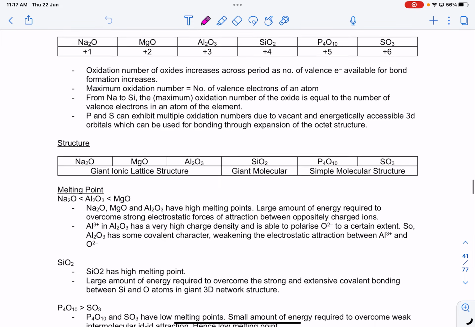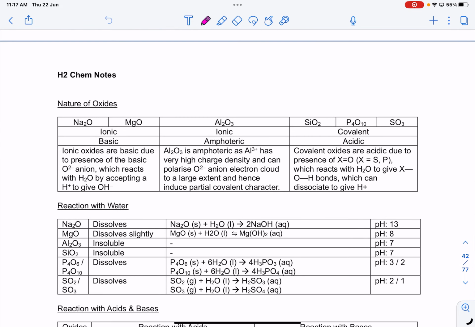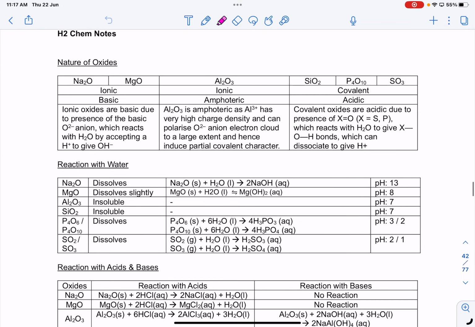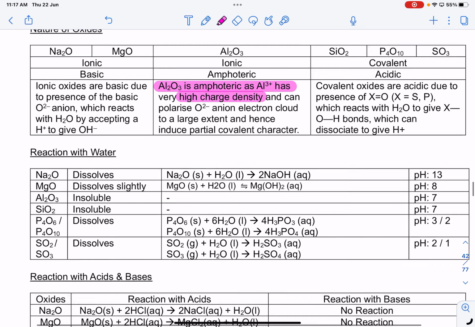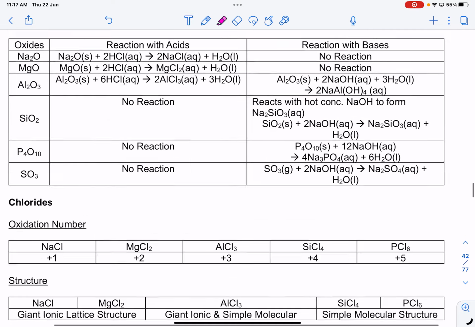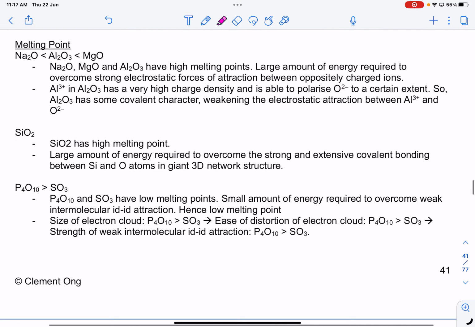Okay, so it should be here, right? Yeah, so here it's on page 42. So you see, here they ask you to explain. So it's amphoteric as AlCl3 has a very high charge density. So this is for Al2O3. So the idea here is high charge density. Should be chloride here.